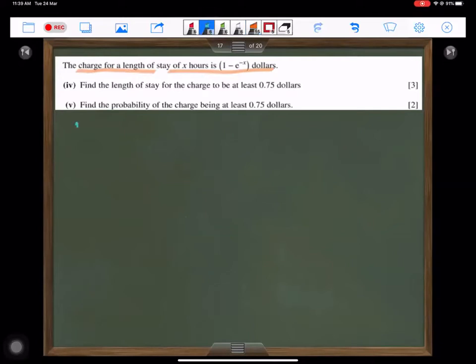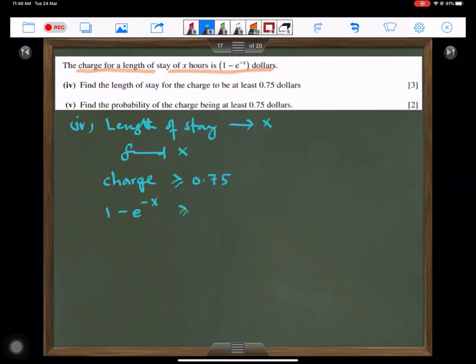You want the length of stay, that is x. So you are calculating for x. What is the condition for finding x? That the charge should be at least $0.75. What is the equation for charge? 1 minus e raised to the power of minus x is greater than or equal to 0.75.